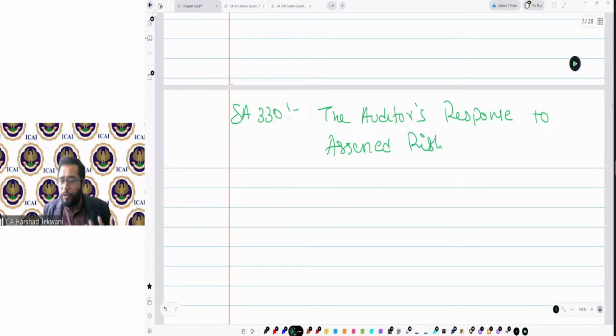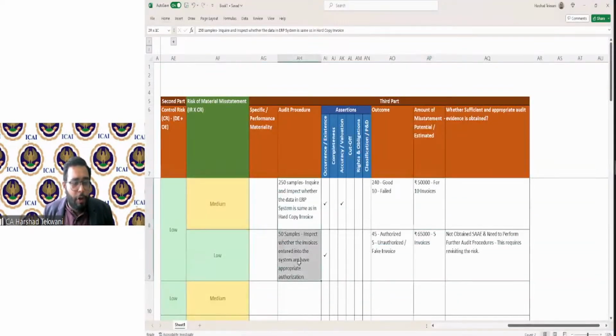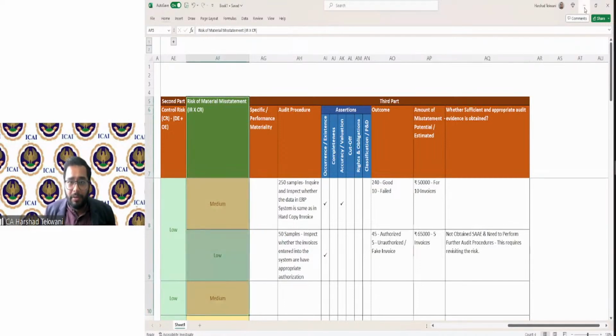Response is something you already created: how you are going to respond to the risk. Responding to the risk means what audit procedures you are going to perform. This is the response we have created in front of the risk of material misstatement that we identified.